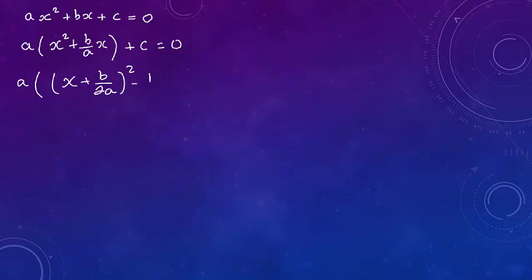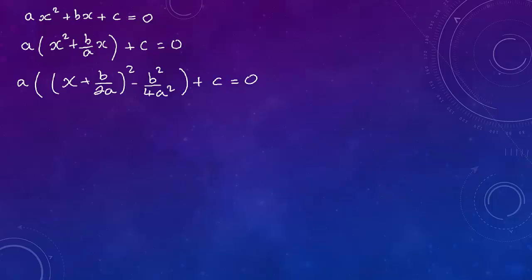And we don't want that. So what we're going to do is take that away. Note that b squared over 4a squared is just b over 2a multiplied by b over 2a. And then let's not forget the plus c, and that's equal to 0.